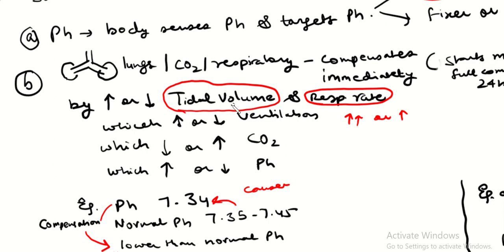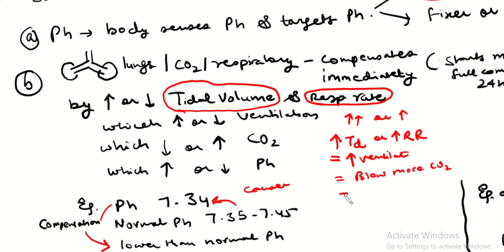If I increase the tidal volume, which I'm going to abbreviate as TV, or increase the RR, which is respiratory rate, I increase the ventilation. If I increase the ventilation, I blow off more CO2, which causes a decrease of PaCO2 in the body.